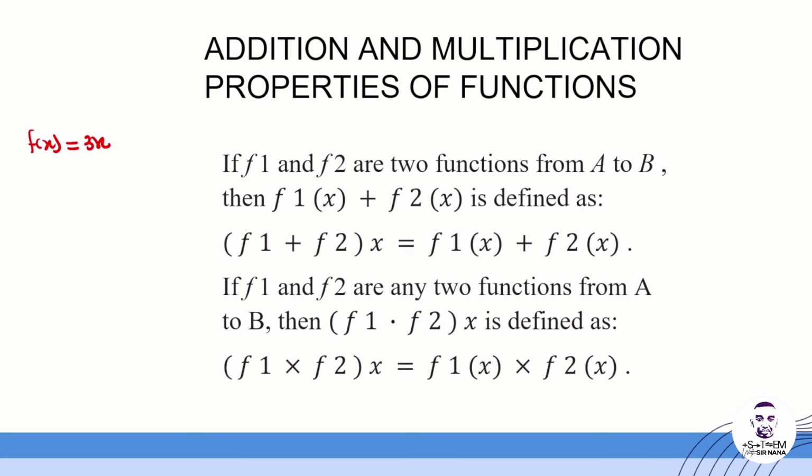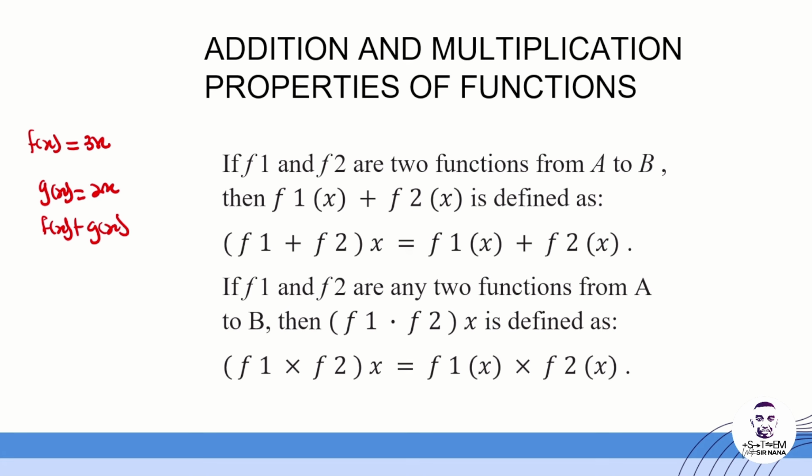So probably your daily amount of money that is given to you is multiplied by 3. Or we can also have g of x, which is equal to 2x. We can perform a simple addition by having f of x plus g of x.